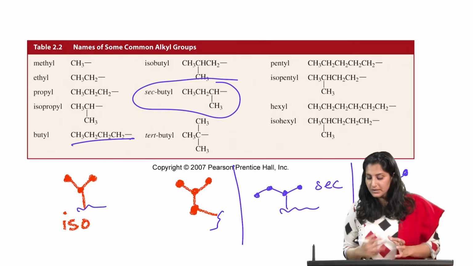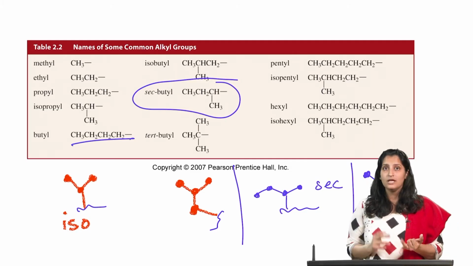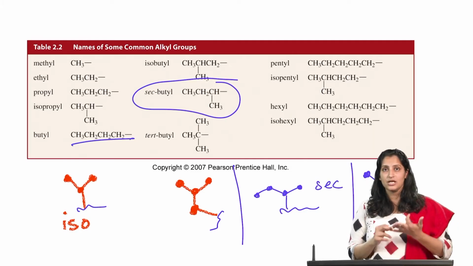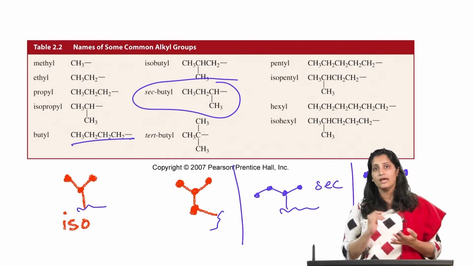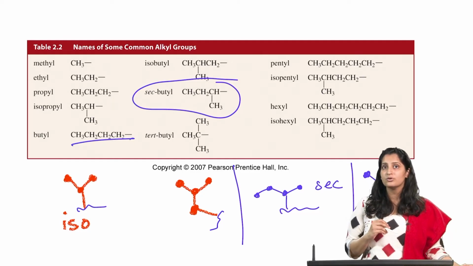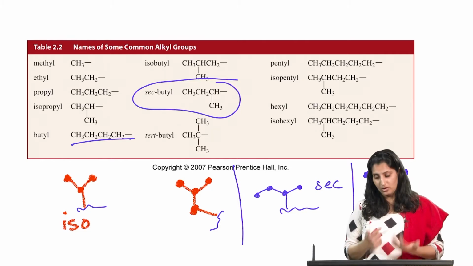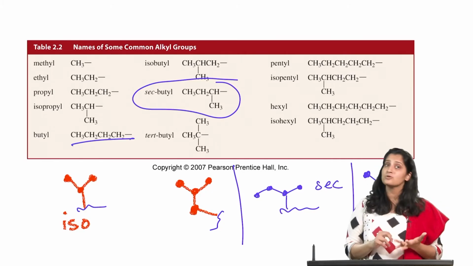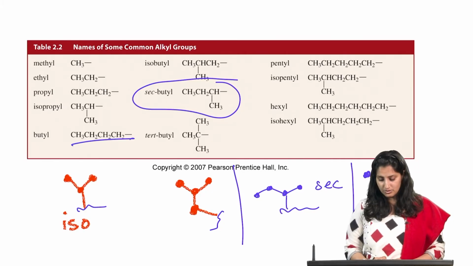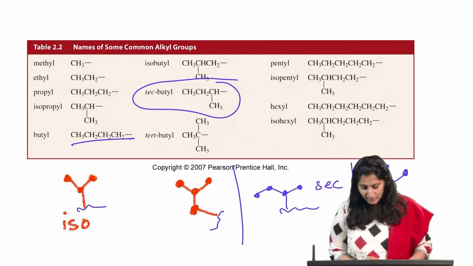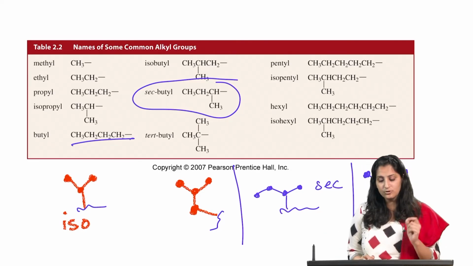So, it would be great to know at least the common names of 3, 4 and 5 carbon chains. So, in the case of isopropyl, isobutyl, secondary butyl, N-butyl, you also want to know tertiary butyl, or when we go to pentyl, now what you have is a pentyl, isopentyl, secondary pentyl and a neopentyl group that can be used. So, all of them are in this table and you can see them and try to use them.